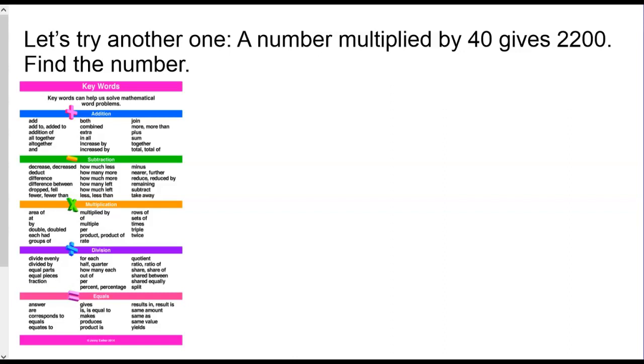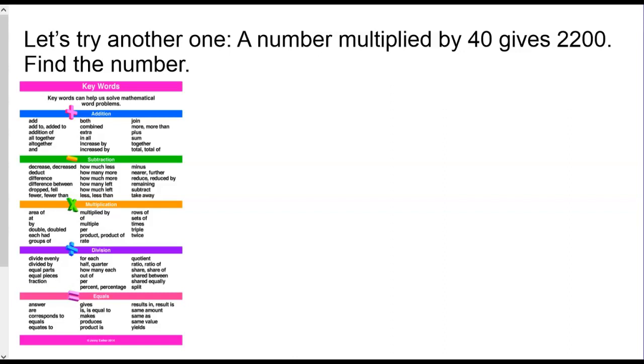So, of course, the first thing that we would have done is read the problem, which we did, and then go back and reread the problem. And if you want to reread it a couple more times, then you can pause and then come back, and then we'll start to look at it. So, when we see this, we see a number multiplied by 40 gives 2200. So, what are the facts that we have?